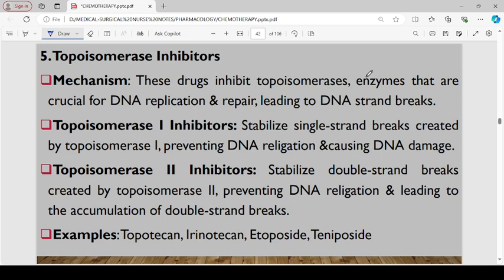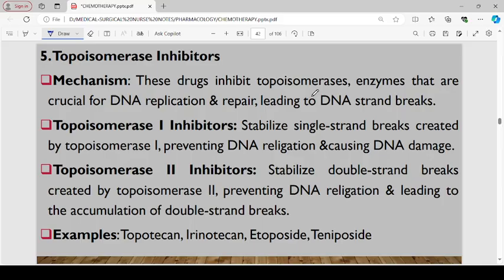Okay, let's look at the fifth group of drugs. They are referred to as the topoisomerase inhibitors. These drugs inhibit topoisomerase enzymes. Remember, topoisomerase enzymes are crucial for DNA replication and repair, and inhibiting them normally leads to DNA strand breaks, right? So we have topoisomerase 1 and topoisomerase 2.